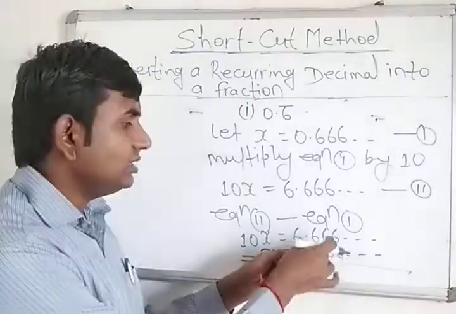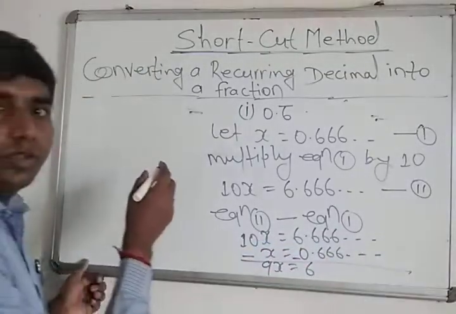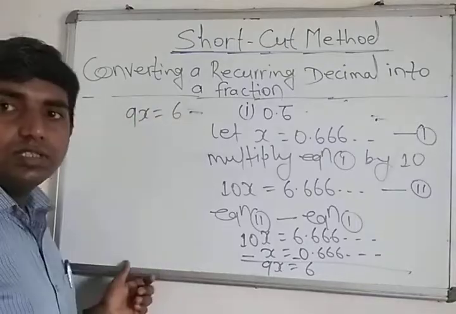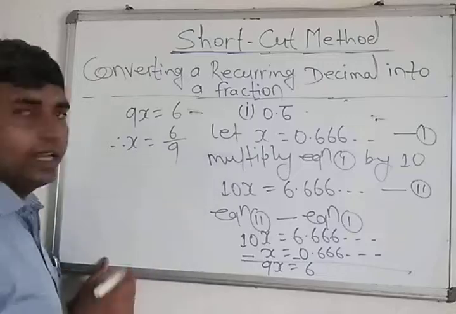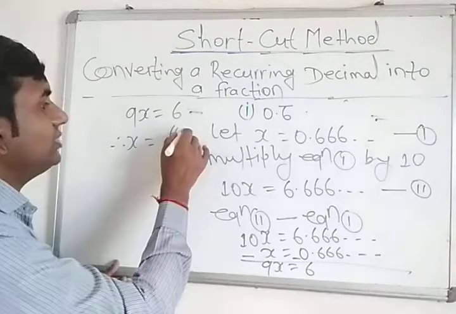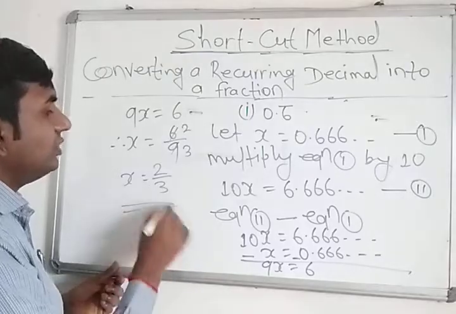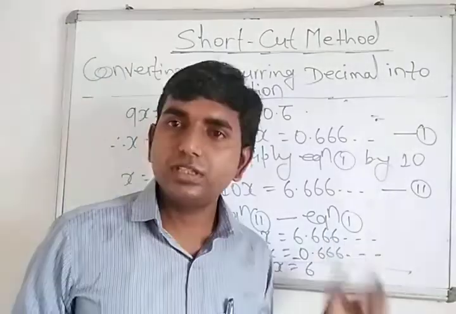Because after the decimal the 666 cancels. Now we have 9x is equal to 6, therefore x is equal to 6 by 9. After cancelling, we find 2 by 3. It is not difficult, but it is time-taking.